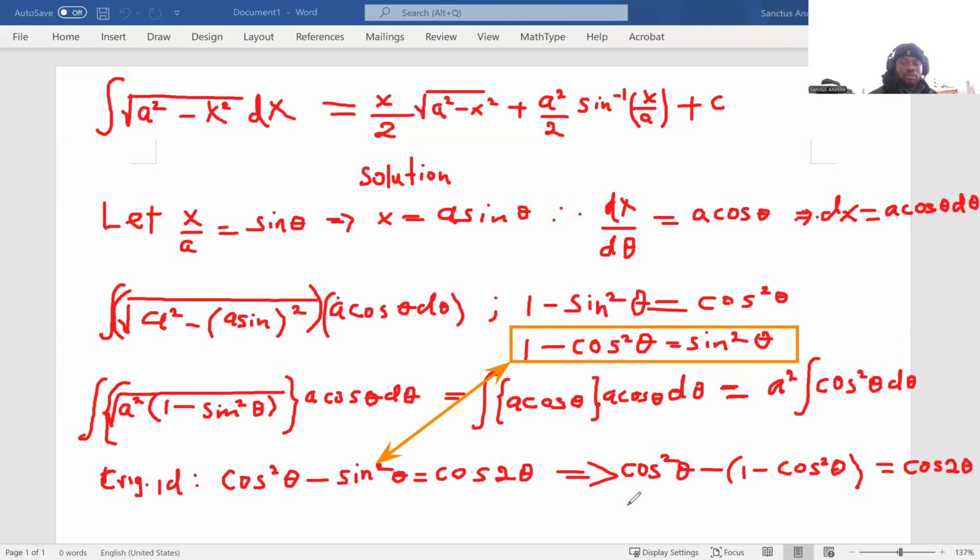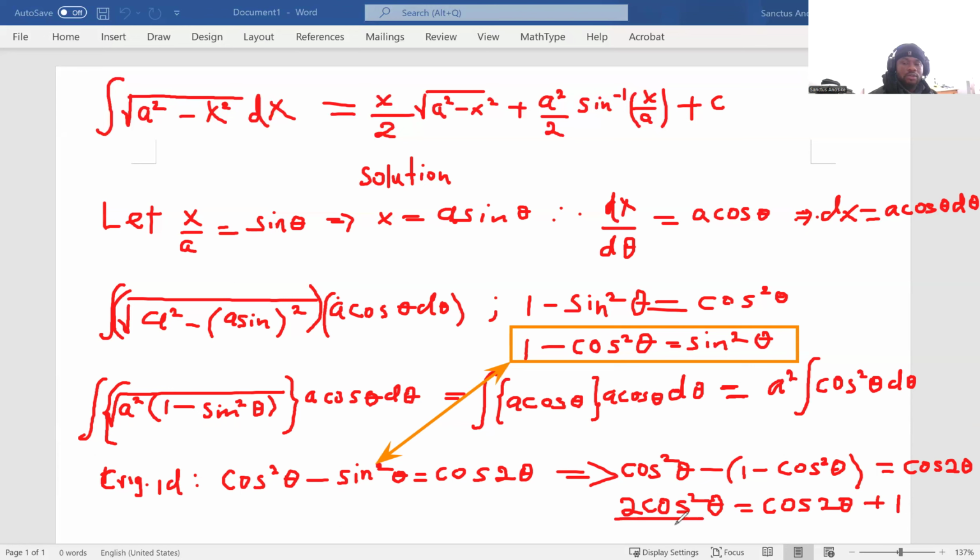So we're going to have 2 cos square theta equal to, then minus 1 goes to the other side, becomes plus 1. So we'll have cos square theta, sorry, cos 2 theta plus 1.